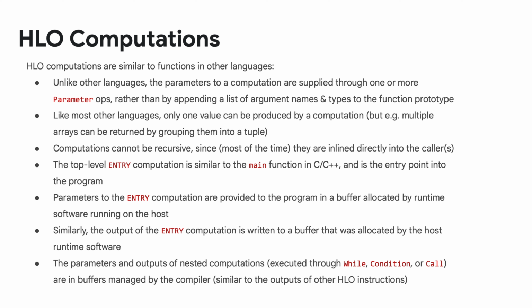It takes a buffer where to write the result. It can be the same if parameters alias with results. And it also takes a pointer to the temporary allocation. That's where XLA, at different points of execution of the program, slices the temporary allocation and keeps the temporary values. So everything is allocated ahead of time by the host runtime.